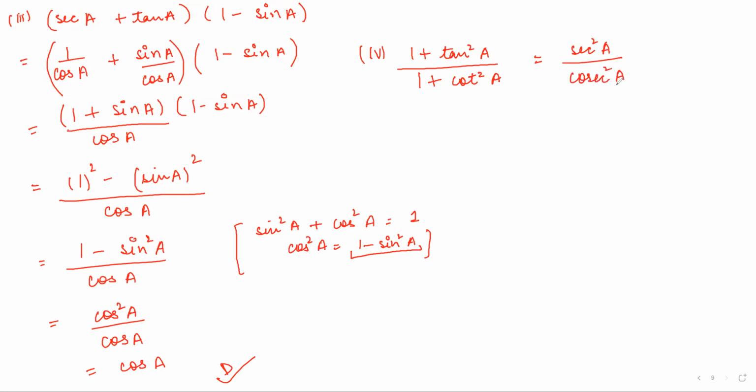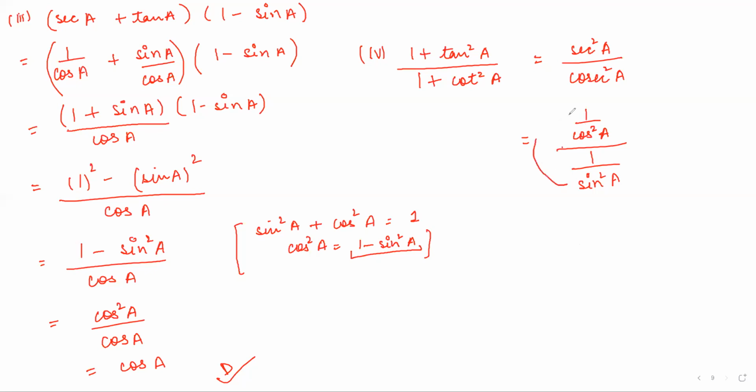Now you can convert in sine and cos. It will make things simple. Otherwise, you have to take LCM and then add and everything. Okay. Now, sec square A is 1 upon cos square A, right? And cosec square A is 1 upon sine square A, correct? Okay. Yes, ma'am.